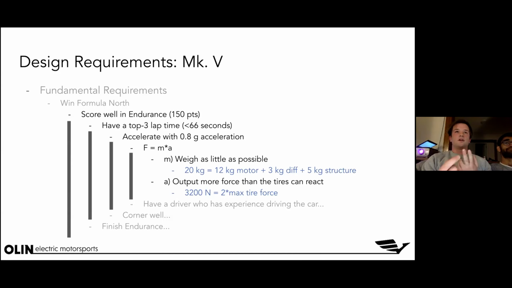And if you start limiting other subsystems by being super heavy, that also ties into weighing as little as possible. Yeah, I guess my question was, why would you do twice the max tire force as opposed to 1.5 or 1.1 times the max tire force? You know what I mean?